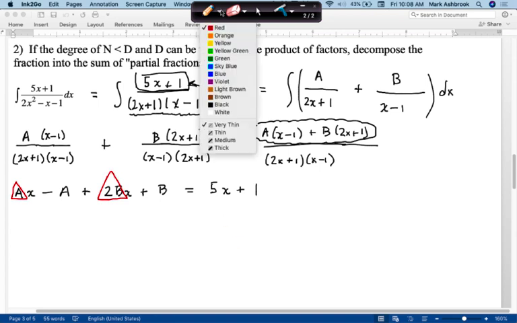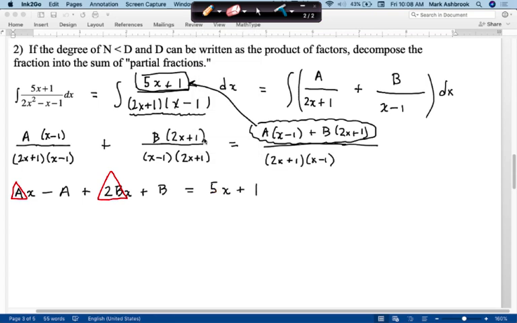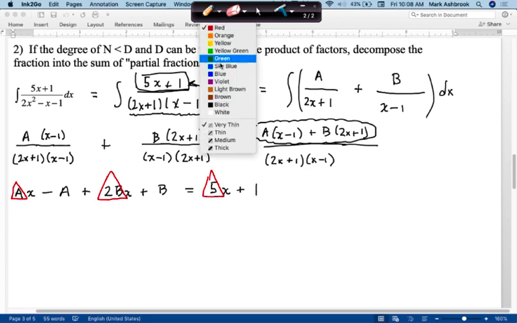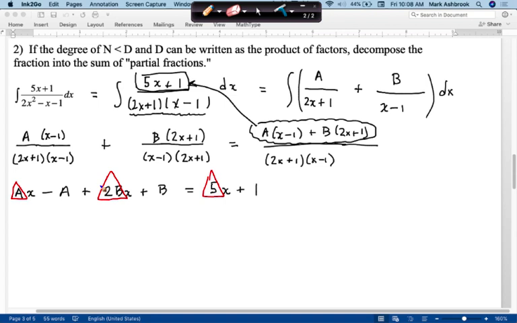And then, what are our constants? We'll say that's our 5. And our constants are minus A and plus B. So we're going to match those up.